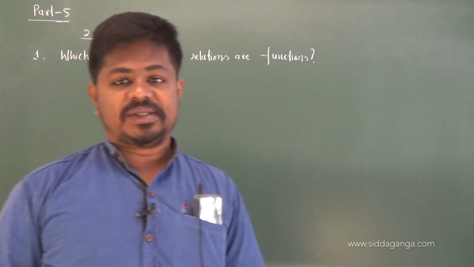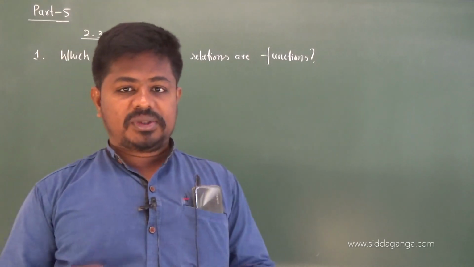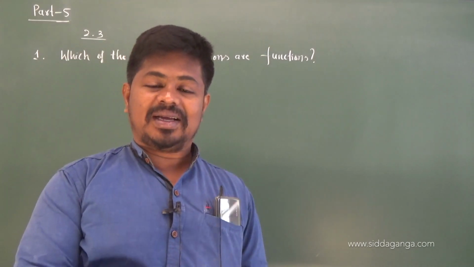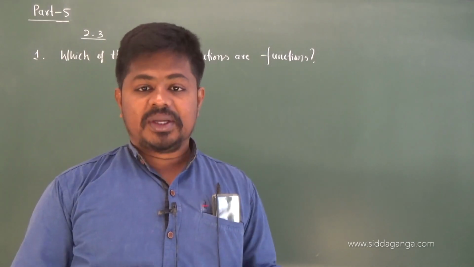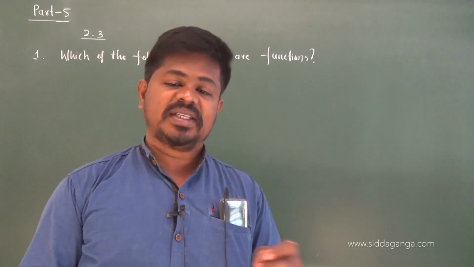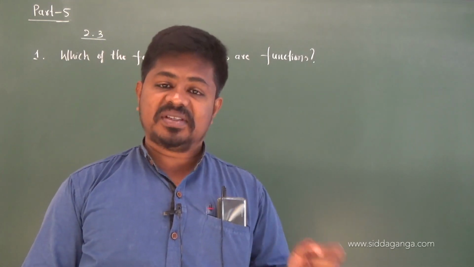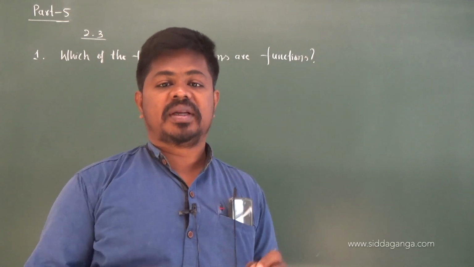Here we have some relations. You have to say whether each is a function or not. You have to give the reason why it is a function or why it is not a function. After that, if it is a function, you have to write the domain and the range.